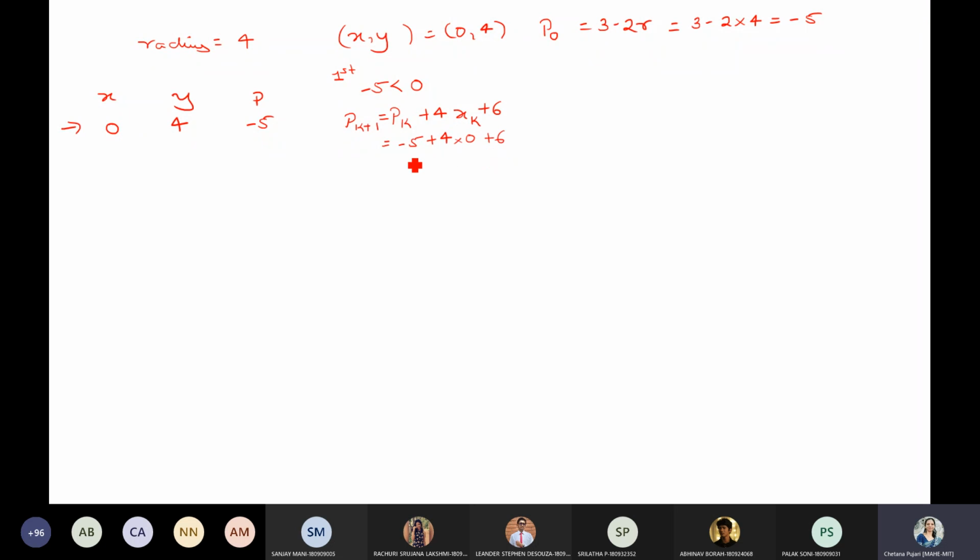So we get 1. You have to increment x. So x is 1, and y we are going to retain the same value. We'll get 1, 4 and 1.